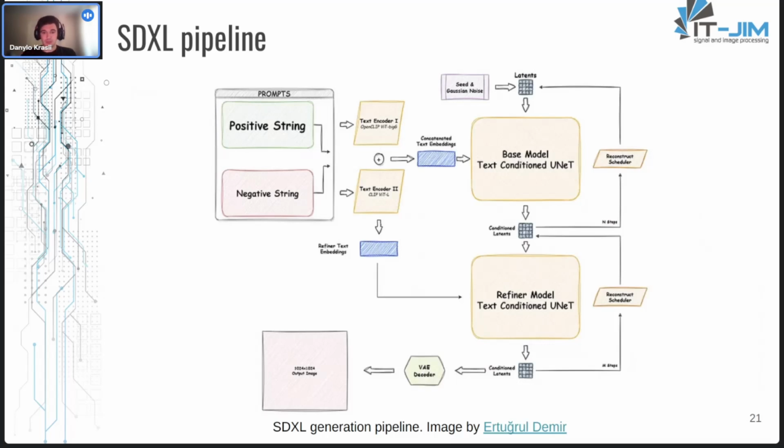Or again, we can feed it to the refiner, improve image details, again decode these latents into pixel space and get our refined image.